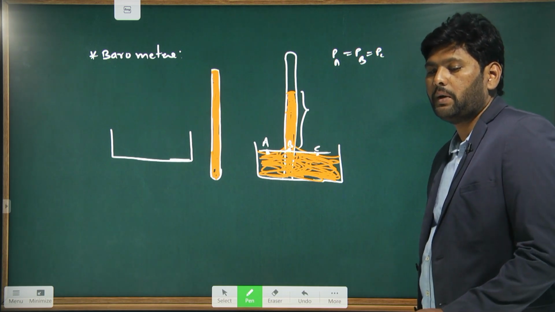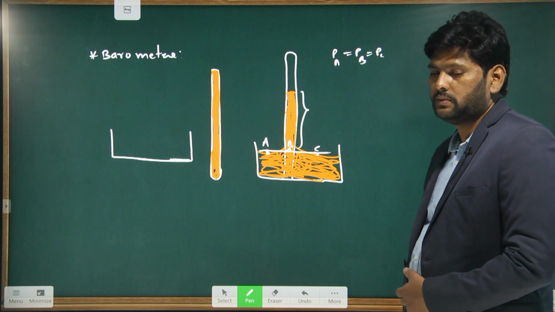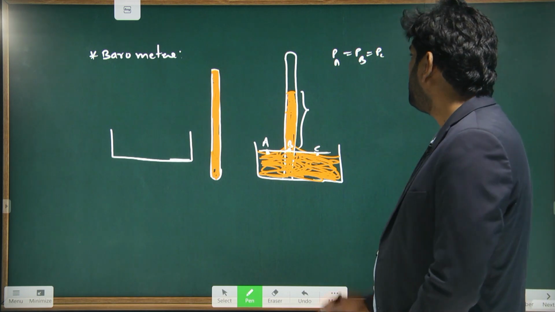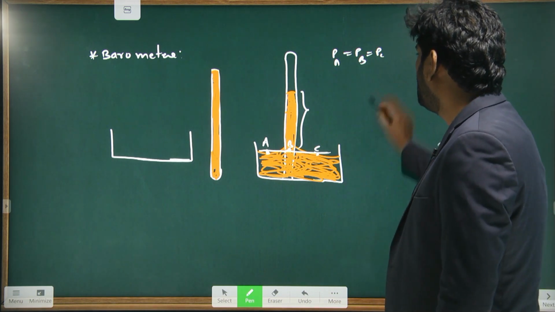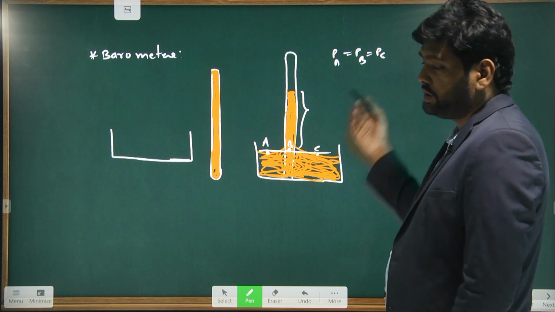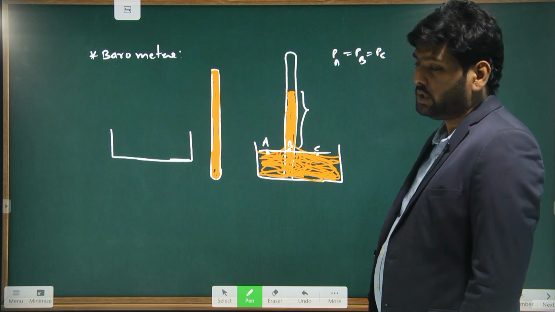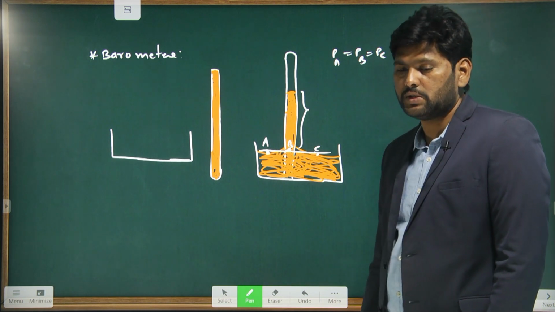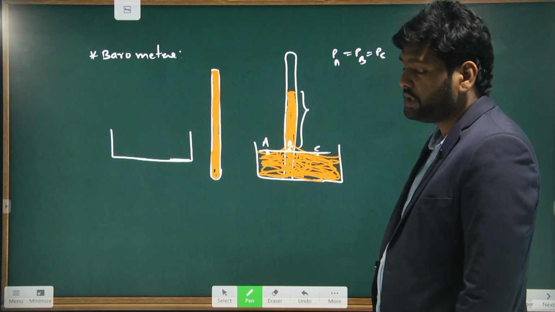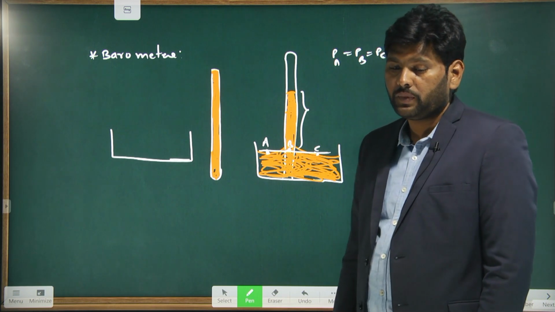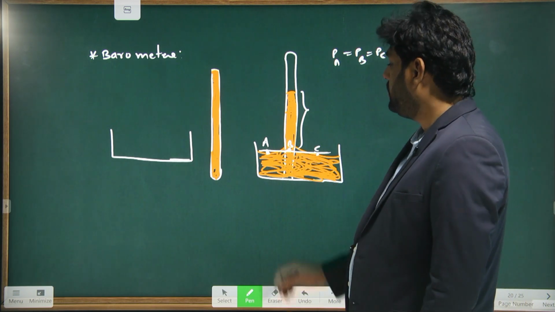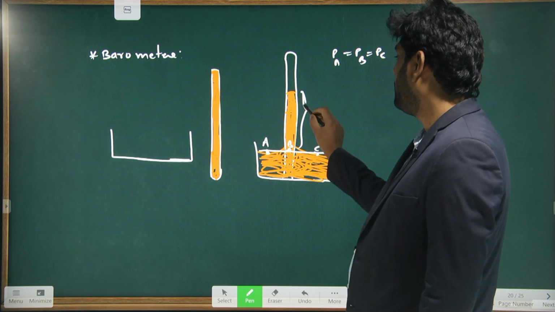Pressure only depends upon the liquid column height. Pressure at A and C is because of the atmospheric pressure. Pressure at B is due to this liquid column height.